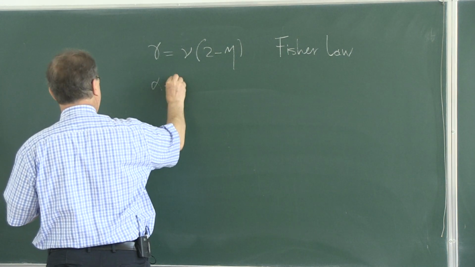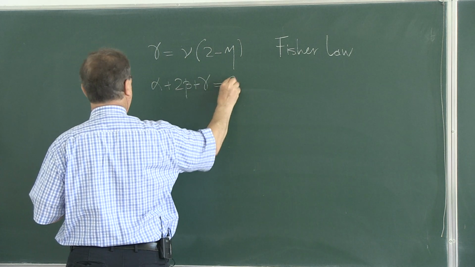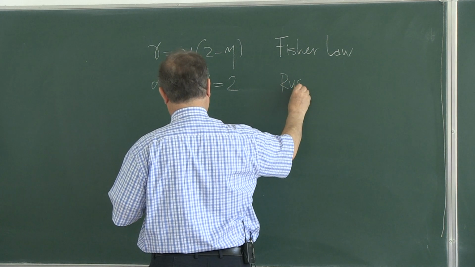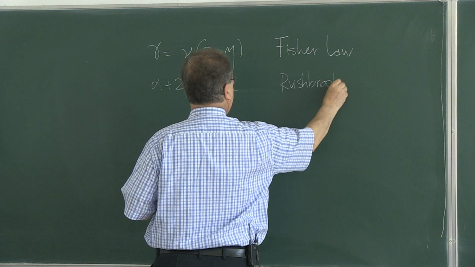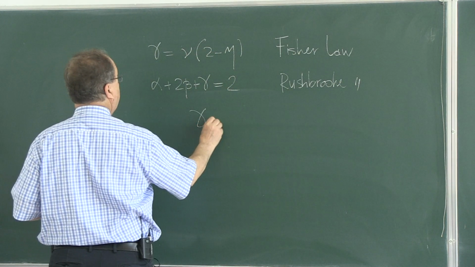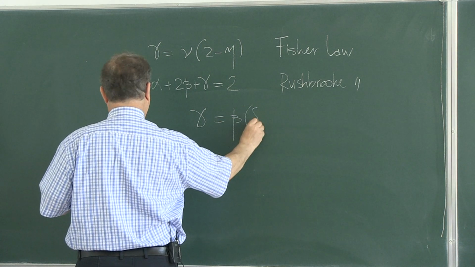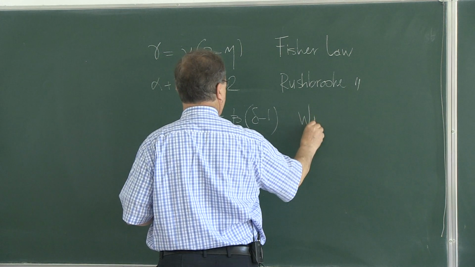Alpha plus 2 beta plus gamma is 2, which is the Rushbrooke law. Gamma is equal to beta times (delta minus 1), the Widom law.